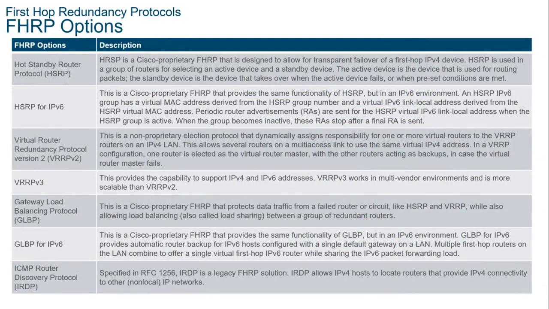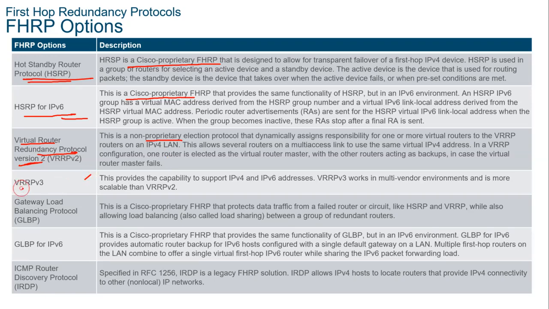So the first hop redundancy protocol options are there. We have Hot Standby Router Protocol, which is a Cisco proprietary protocol that runs on Cisco devices. Then we have the IPv6 version, still Cisco proprietary. We have Virtual Router Redundancy Protocol version 2, which is non-proprietary, meaning that it can run even on non-Cisco devices.